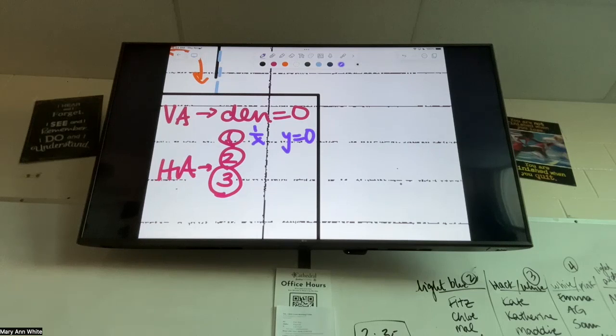Is this ringing any bells? If you have an x on top and an x on bottom, if your exponents are the same on top and bottom, then it's just going to be y equals the ratio of the coefficients.